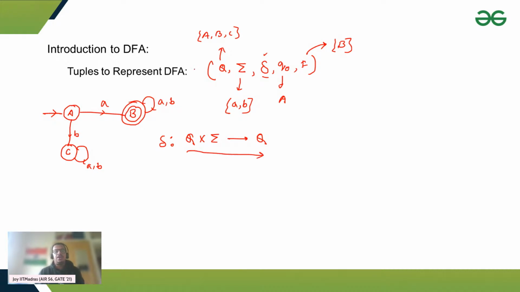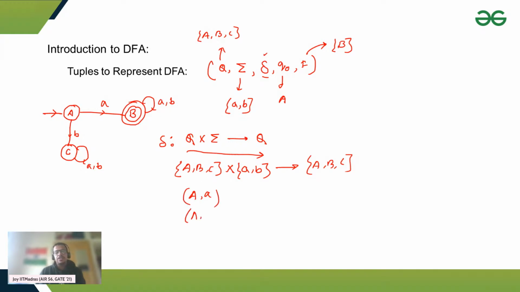Now you can see we have 3 states A, B, C, and we have 2 input symbols. We will be going to A, B, or C. So what are the possible left hand side things? We are in state A and we get the input small a.